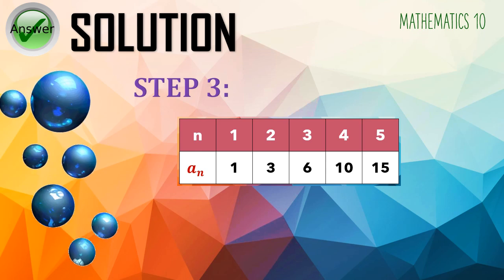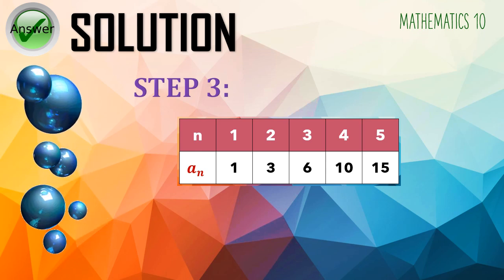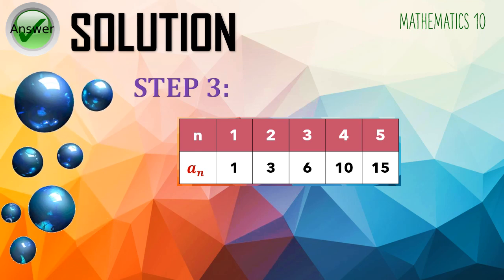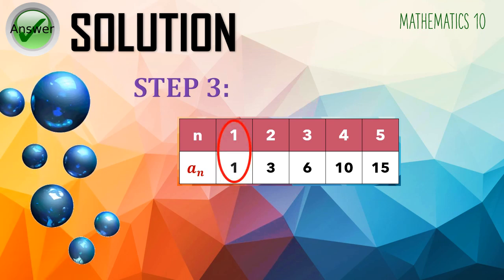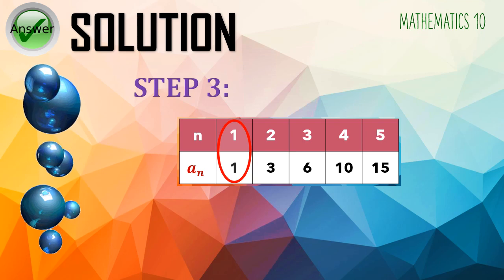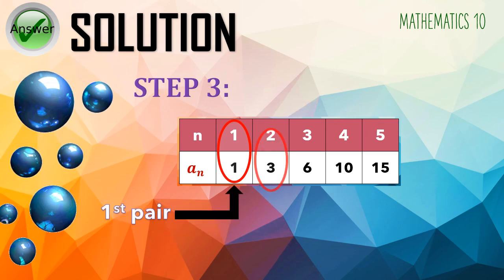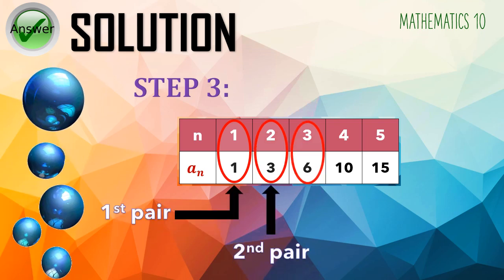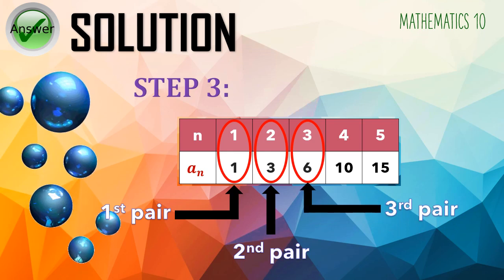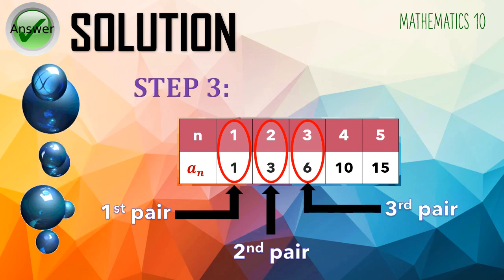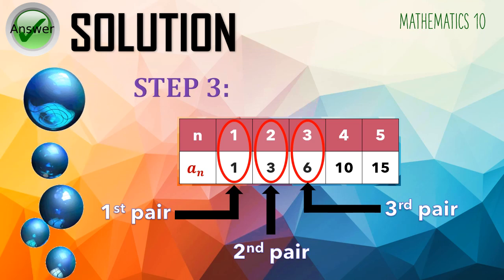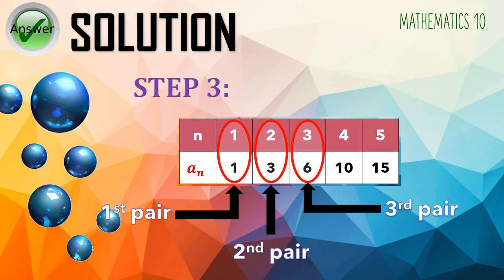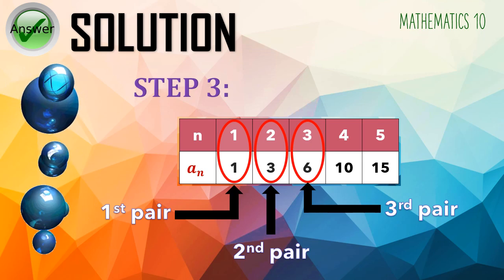Remember that to form 3 equations, just make use of the table that you prepared. So we have the first pair, then the second pair, and the third pair. Others might be asking, why is it that I used these 3 pairs instead of using 4 and 10, 5 and 15?